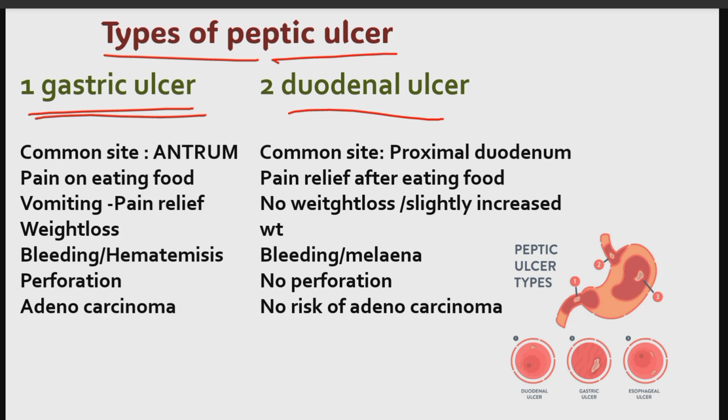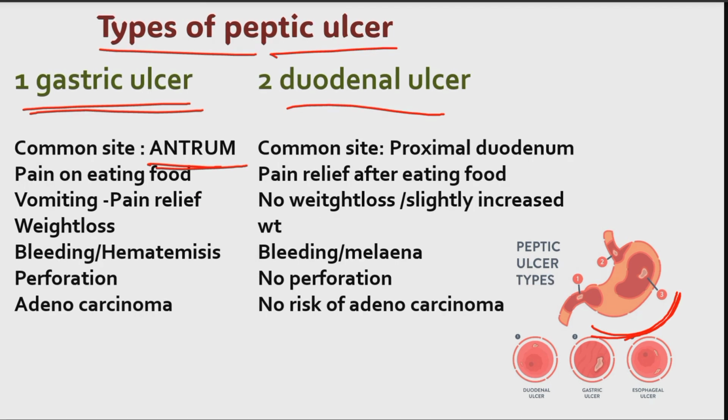Gastric ulcer occurs in the stomach, but which part of the stomach does it commonly occur in? In the antrum, the part present in the lower curvature of the stomach. Pain on eating food: after consuming food, a huge amount of acid will be produced.